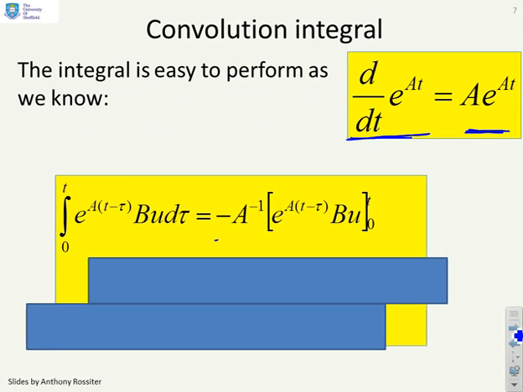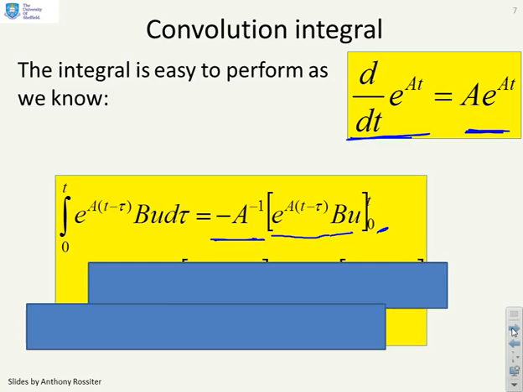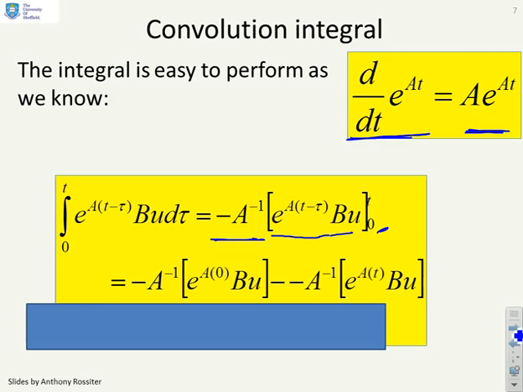Doing the integration, you'll notice we get a minus A to the minus 1 out the front, and then an e to the A(t minus τ) Bu between the limits 0 and t. If I substitute in those limits, you're going to get these two terms, minus A inverse e to the A times 0 Bu, and then a double minus, A inverse e to the At Bu.